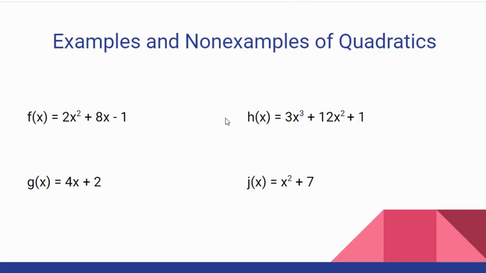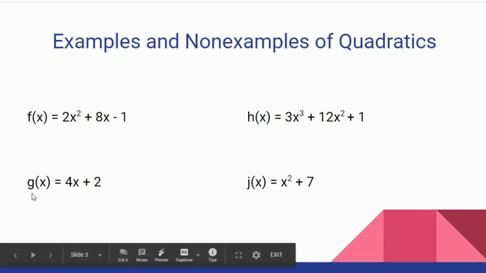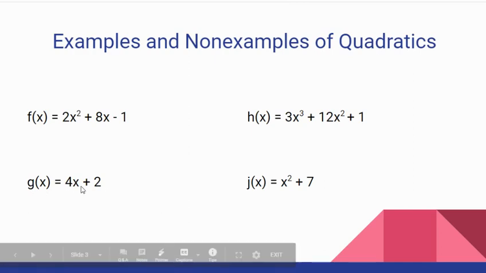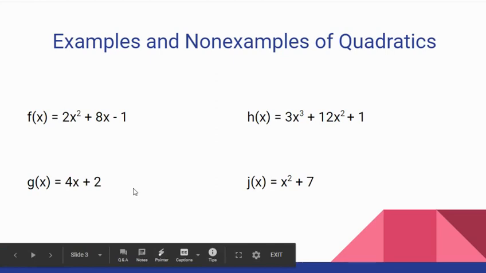Let's look at some examples and non-examples of quadratics. In function f, this is a quadratic function. It has a squared, and there are no other higher exponents in the function. Function g is not a quadratic function because the variable does not have a squared.